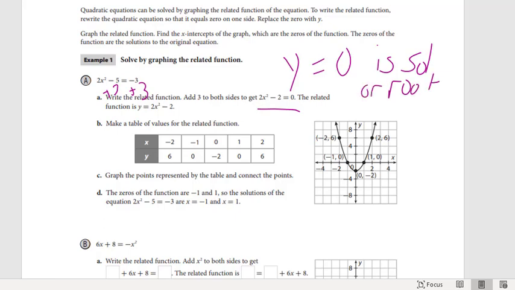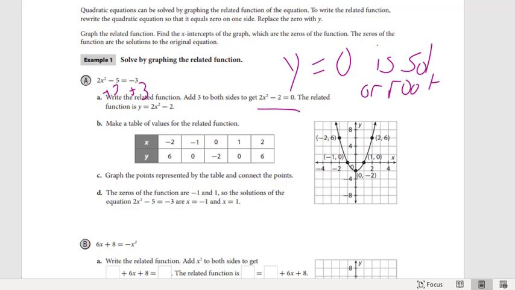Okay. We make our table. You guys know how to do this. You plug in x and y values and make a quick graph. For this, we have our table, we have our graph, plugged in the numbers 0, 1, 2, negative 1, and negative 2.